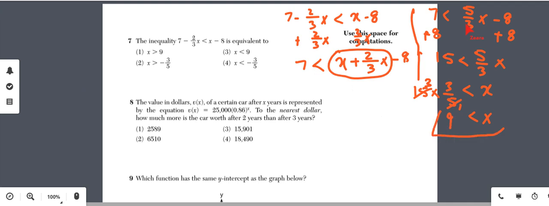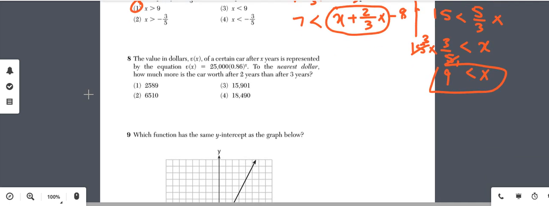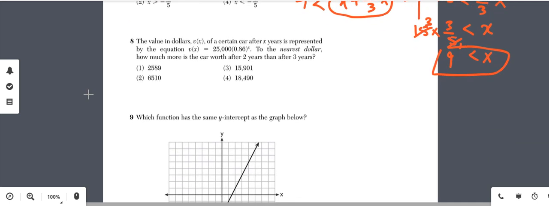So x is greater than 9. So option 1 is giving us that answer, in which x is greater than 9. Okay, is it clear? Yep. Okay, look at the next one.